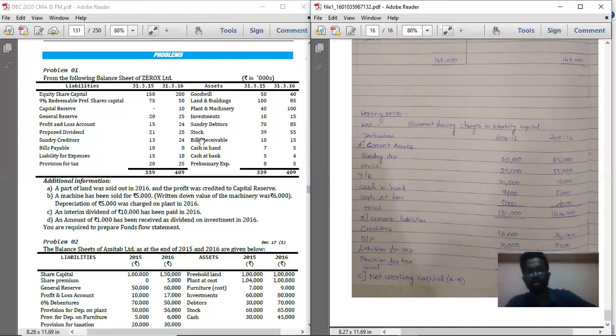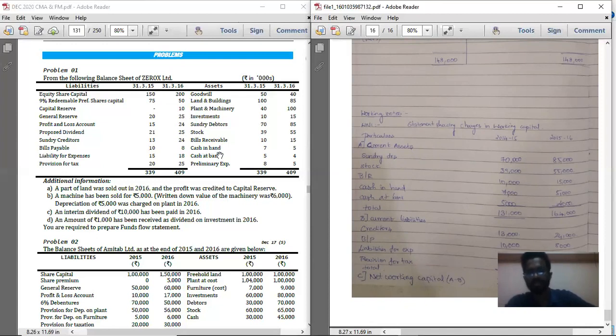Below that stock: 39,000 for 2014-15 and 55,000 for 2015-16. Below that bills receivable: 10,000 for 2014-15 and 15,000 for 2015-16.